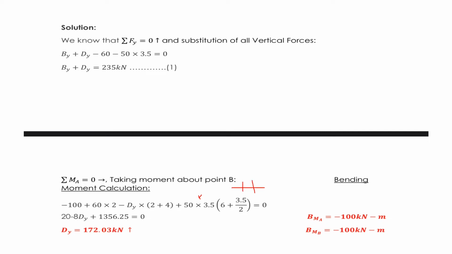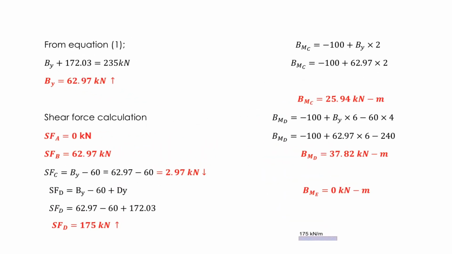So we end up with Dy equal to 172.03 kN. It's going in the upward direction. And from equation 1 we can get the value of By, which by substituting Dy is 62.97 kN in the upward direction.